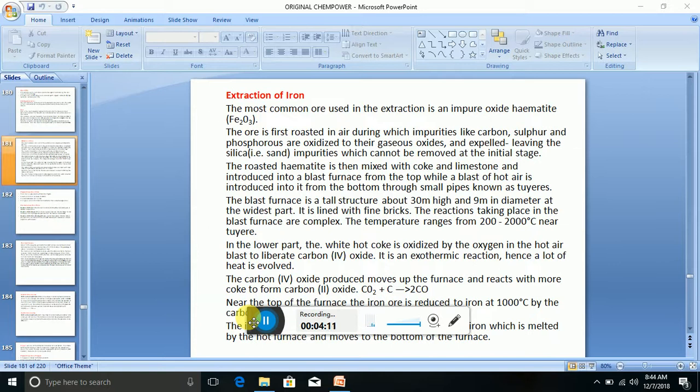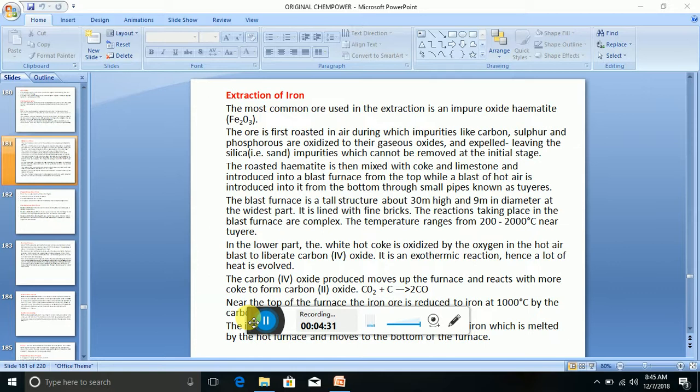The blast furnace is a tall structure about 30 meters high and 9 meters in diameter at the widest part. It is lined with fire bricks. The reactions taking place in the blast furnace are complex.